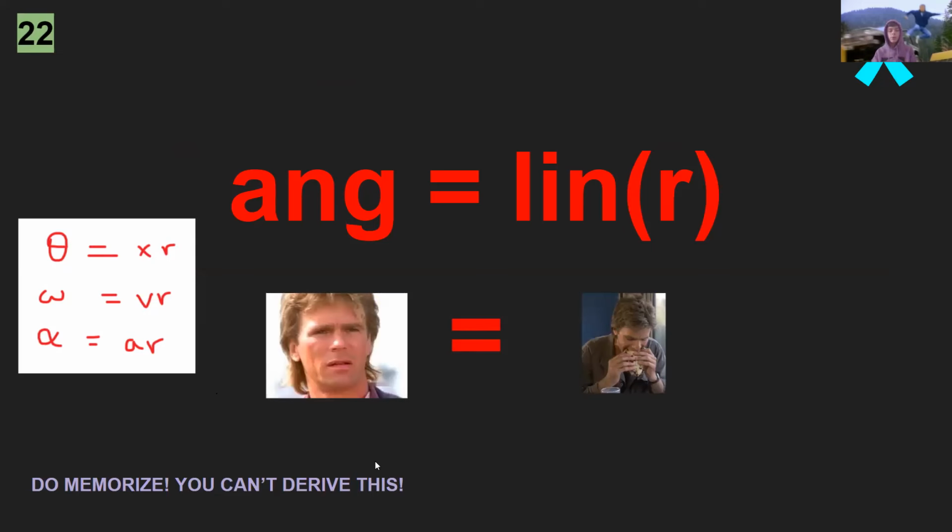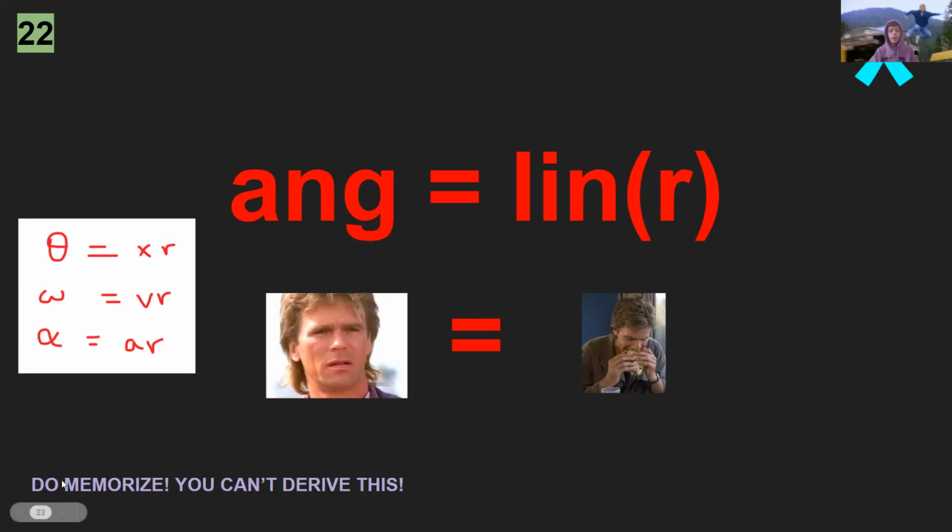Do memorize this. And a way to remember this, that may or may not work for you if you don't know what this is, but it's also in the background if you see: the show MacGyver. The main character is MacGyver, obviously, and his first name is Angus.